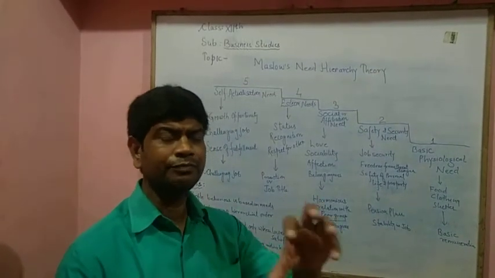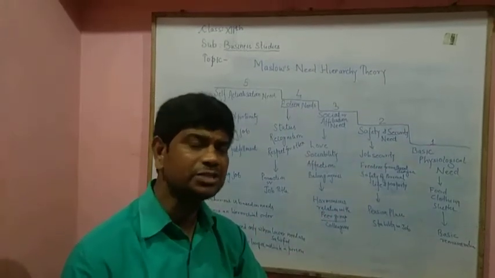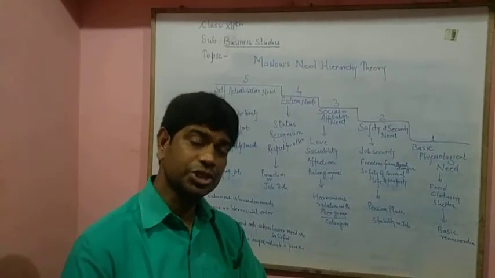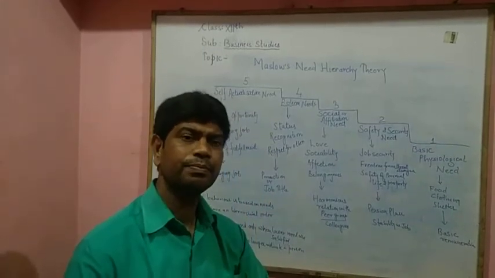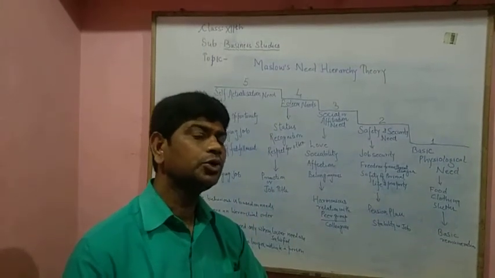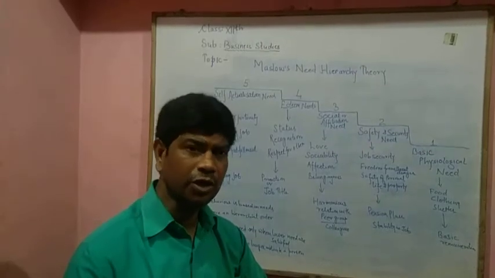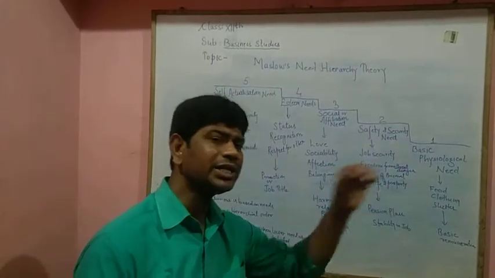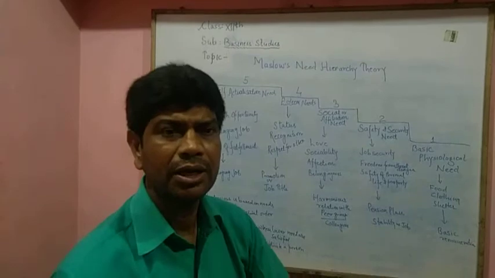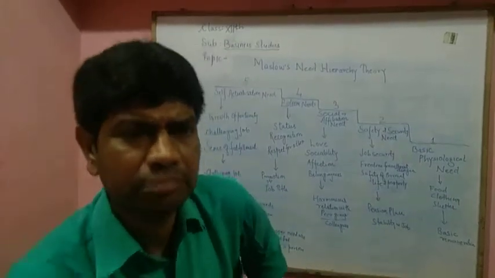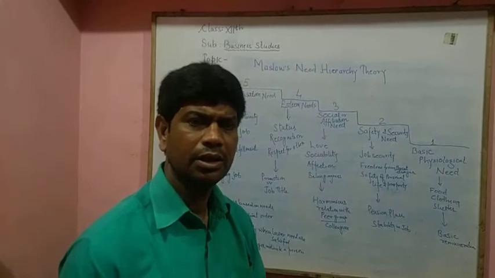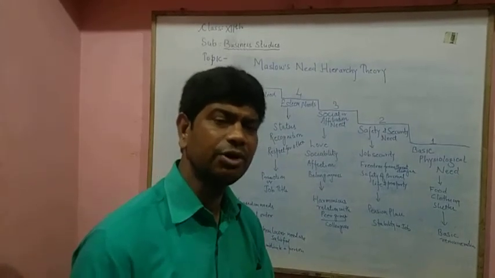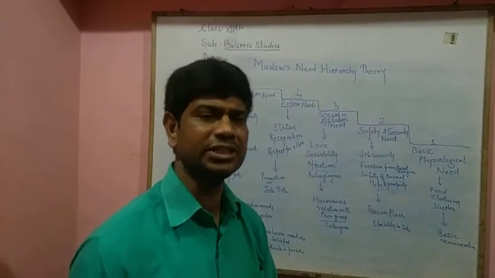So if some future provision is made which assures them that even in future when they would not be in a job, they would be able to secure their basic physiological needs, this will give them a sense of security of the old age. And this security will give them a sense of satisfaction.